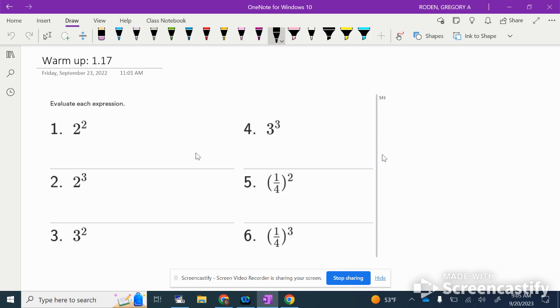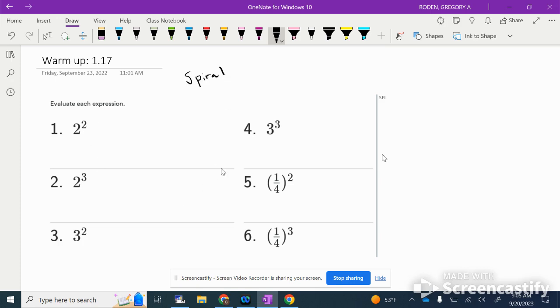We'll do it together. If you're watching the video, I want you to pause it right now and try this on your own. You can use your perfect cube and perfect square chart. Go ahead and write these in your spiral because this is a warm-up, and warm-ups go in your spiral.